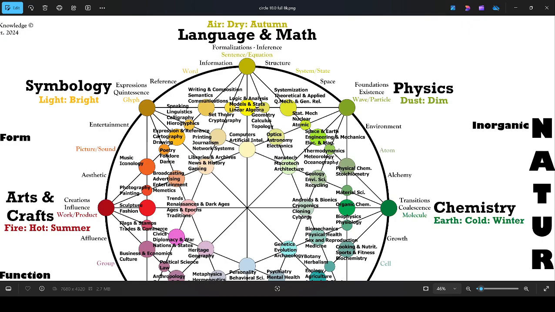Same way, if I list things on a certain circle, like here I have printing, journalism, network systems, it's not just that they all live at this circle. I've very specifically and meticulously said, okay, printing must be closer to this side, journalism's closer to the middle, and the network system is closer to whatever is on its side over here. So things are specifically listed at a location in order of where they live, if you were to say, well, which part of the circle is that closest to?